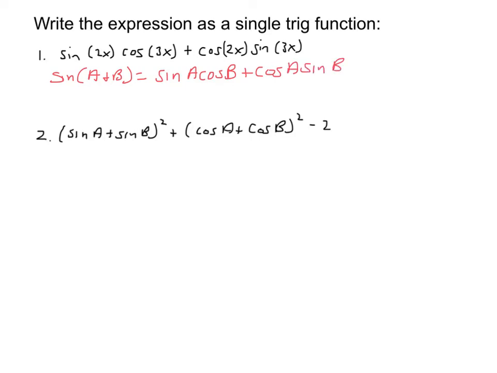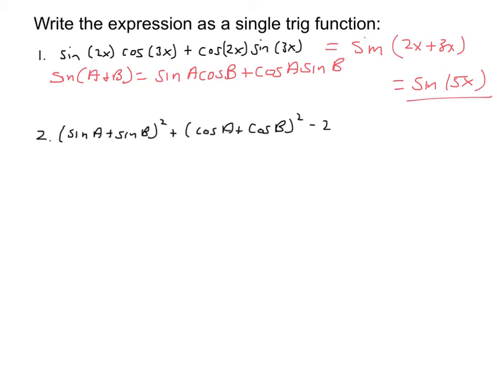So when I look at this, I can say the A is 2x and B is 3x. So this that we have up here is actually equal to just the sine of 2x plus 3x. So I get that this is the sine of 5x. And that would just be the answer on this one.